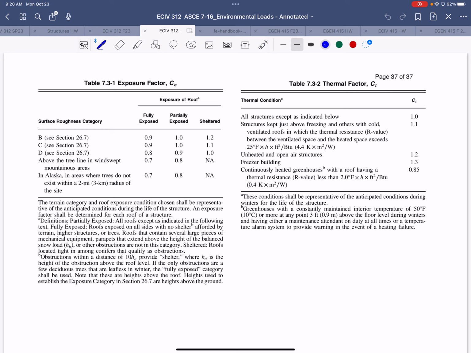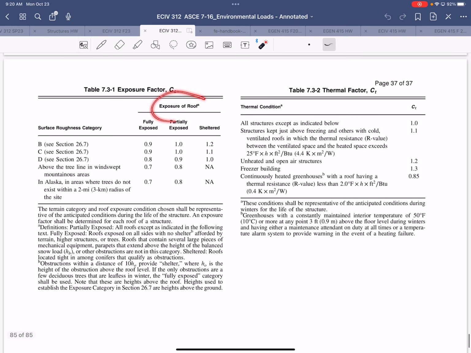Based on the description that we were provided, what surface roughness category do you think would apply here? It's an apartment building in Boston, Massachusetts. No adjacent structures, coniferous trees planted around the building. That really is more related to exposure of the roof. But just based on the fact that it's an apartment building in Boston, Massachusetts, what would you put it in? B. Yeah, I would say B as well.